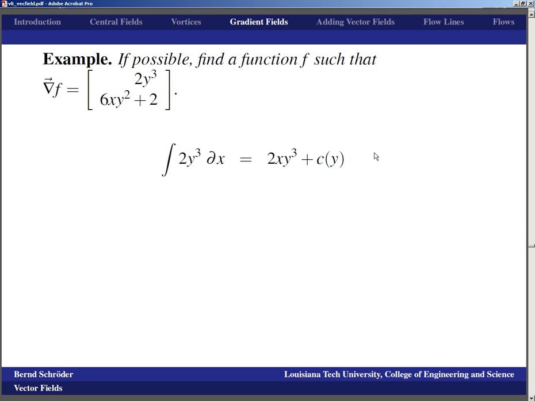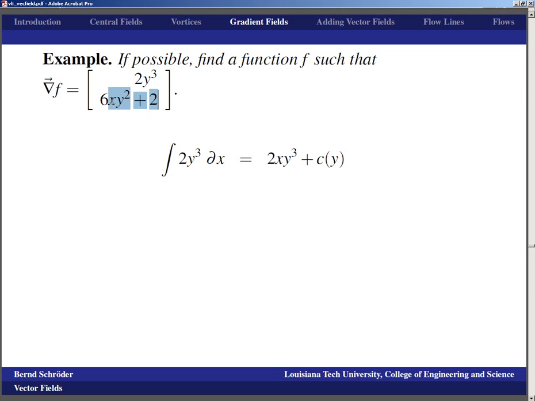So plus a function c of y, because if I take the partial derivative of this right-hand side with respect to x, the derivative of c of y would be 0, and I would still end up here with 2y cubed.